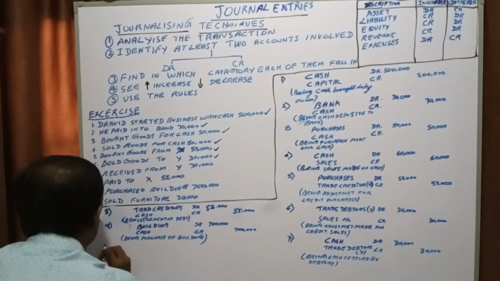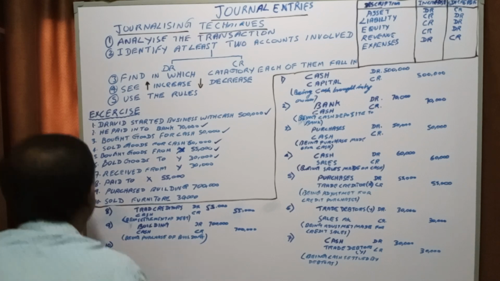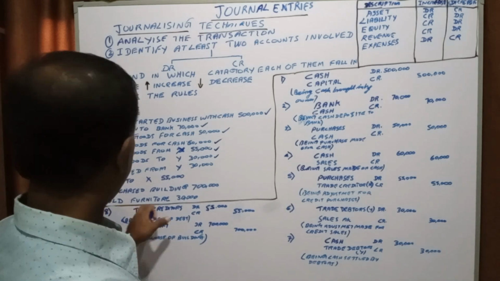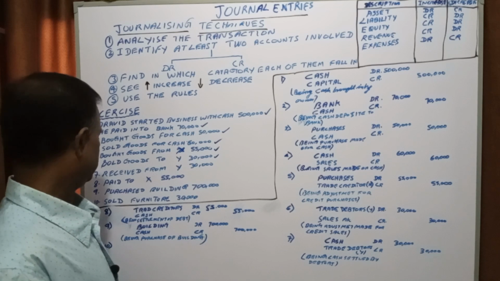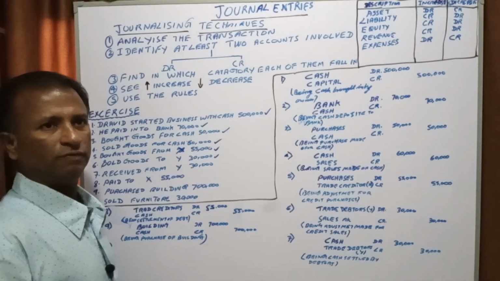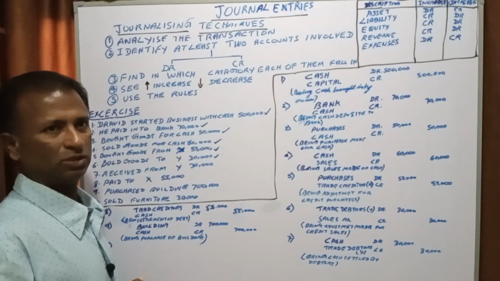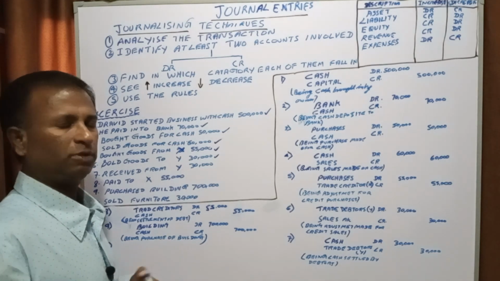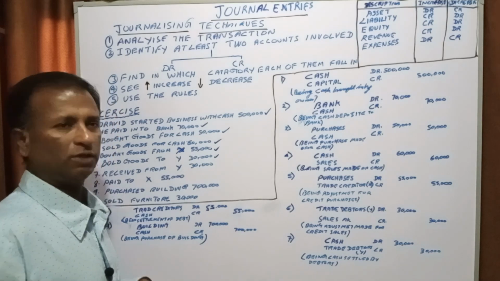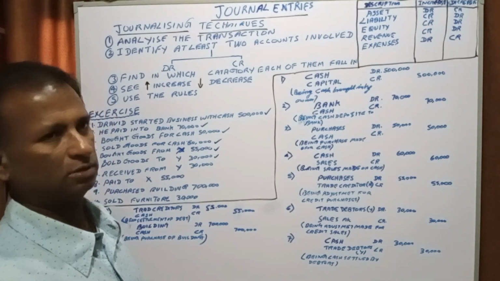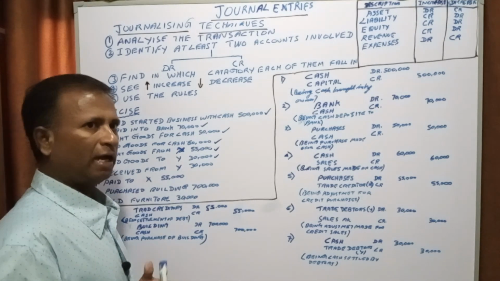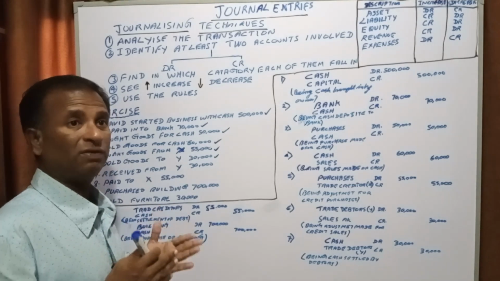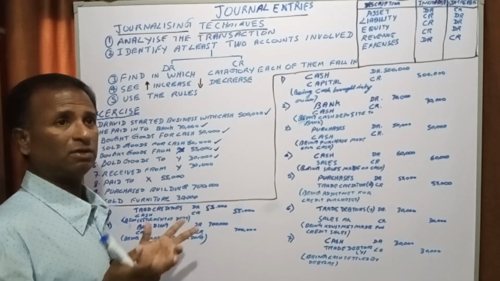Number 10 is sold furniture for 30,000. We have sold furniture for 30,000. So we assume it was sold for cash. Then cash account debit, furniture account is credited. What are the accounts affected?